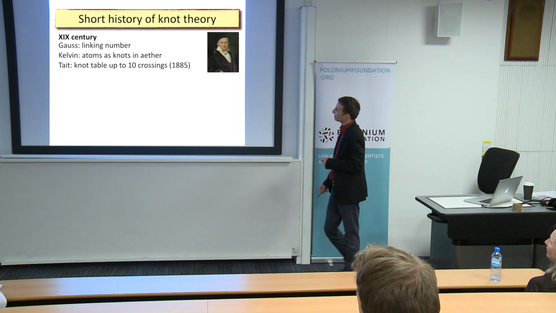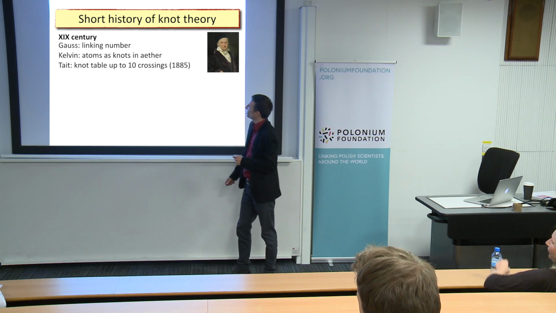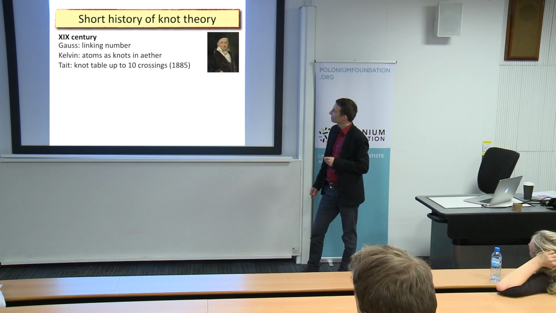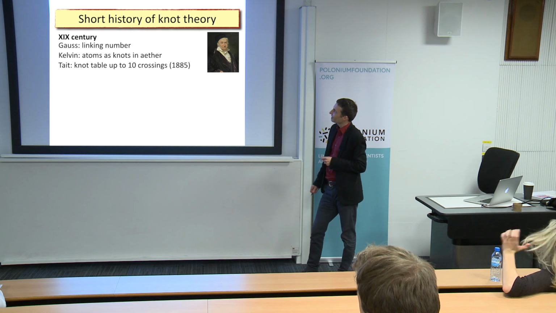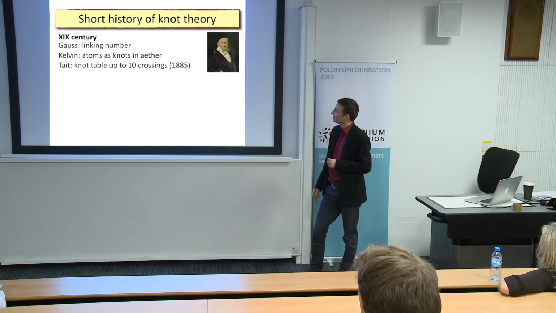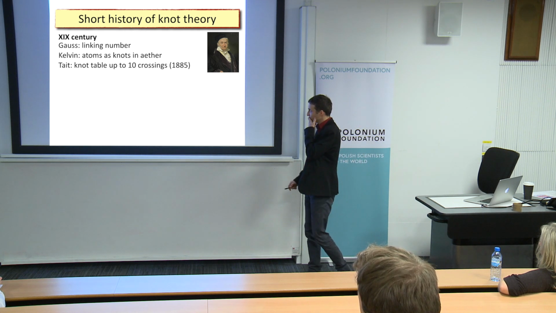And then Kelvin had an idea that atoms, I mean these chemical atoms, when people didn't know their structure yet in the 19th century, he thought that they might arise as different knots which are made in ether. So this was a theory for some years, then of course it was disproved, but for some time it was an idea that these knots might play a role in nature.